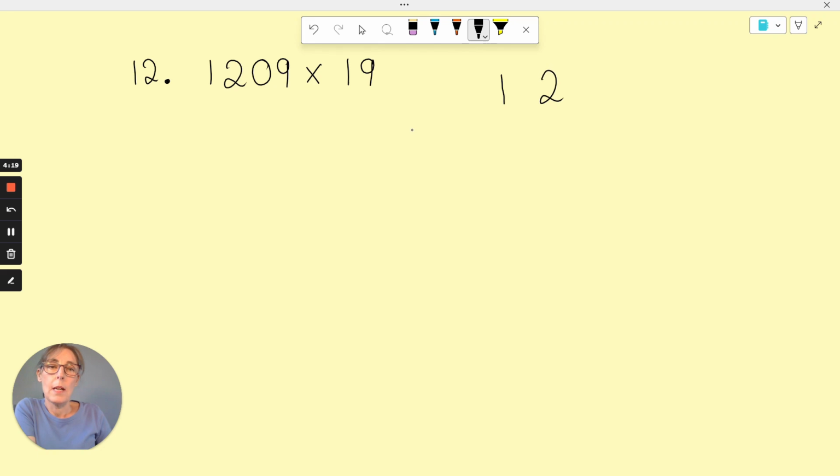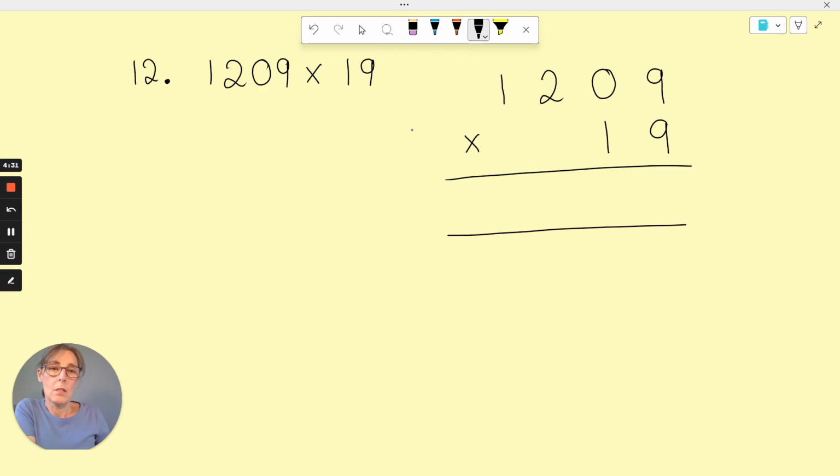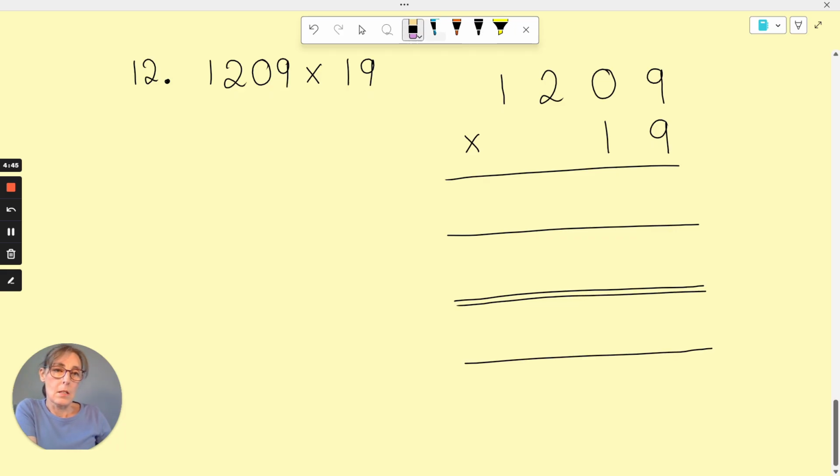So I'm going to separate it and make it really, really clear. And then that gives us space to put things.